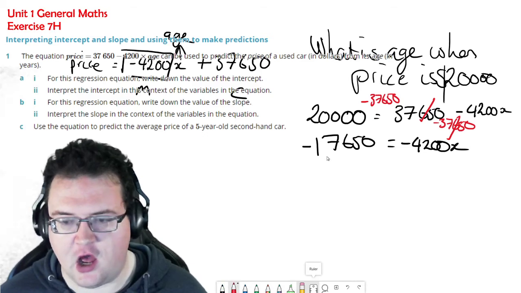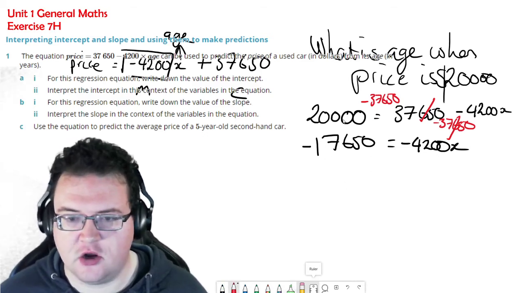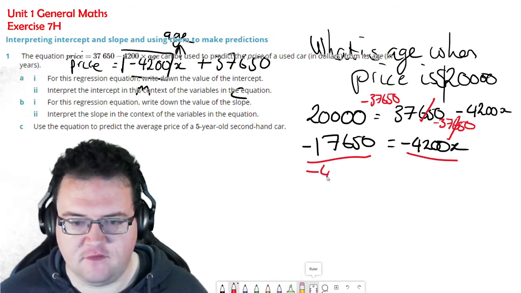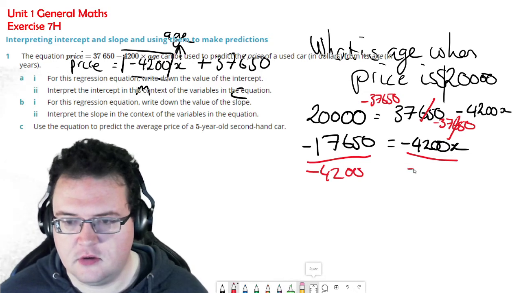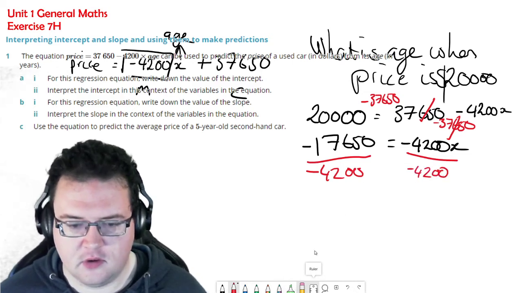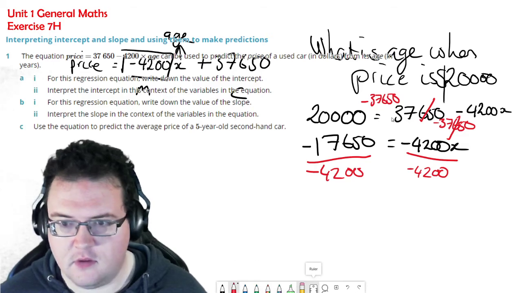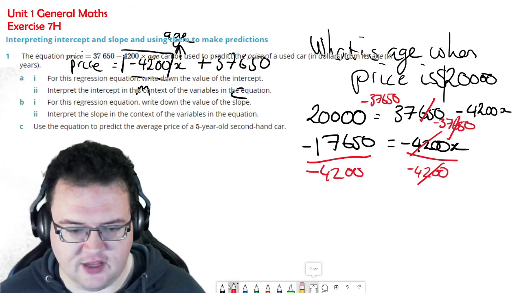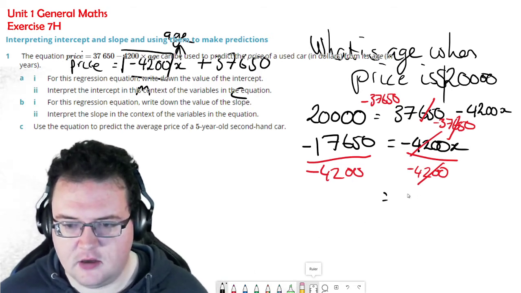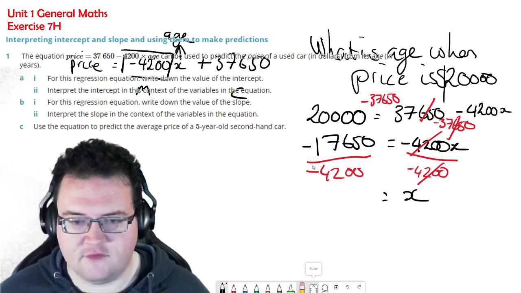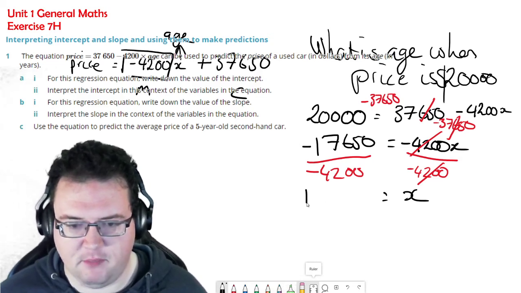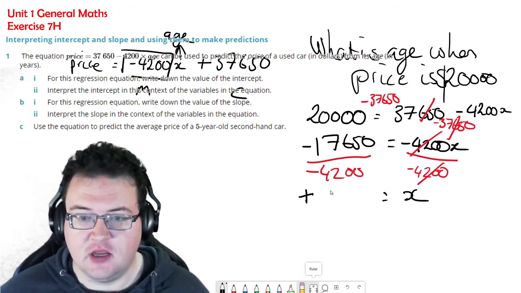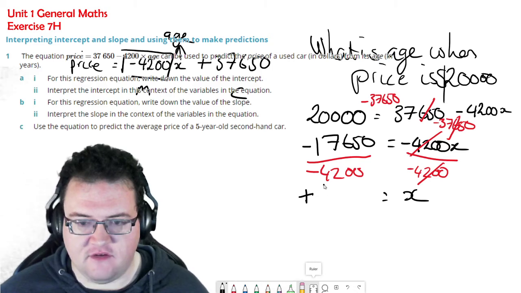Now to get our x value on its own, we need to divide both sides by negative 4200. That will then cancel out that on both sides, and then we are left with something equals x. Obviously, because it's both negative, we're going to end up with a positive answer, which makes sense because you can't have a negative age for something.